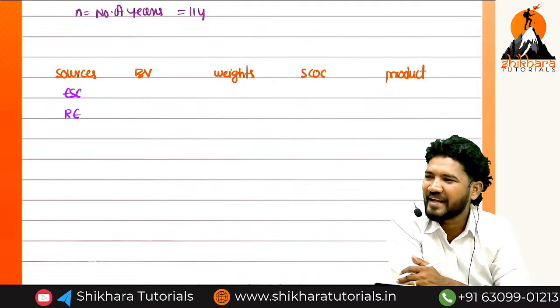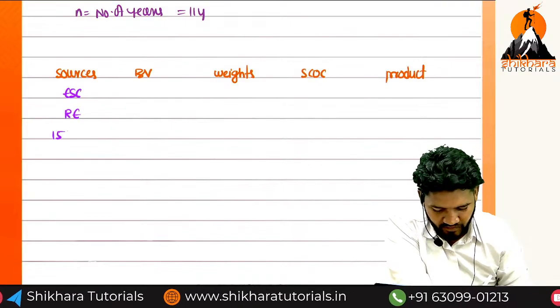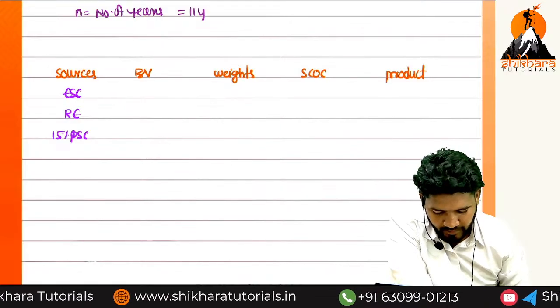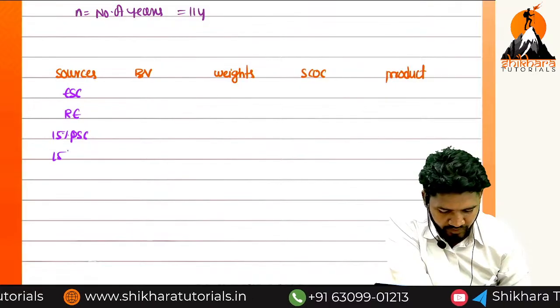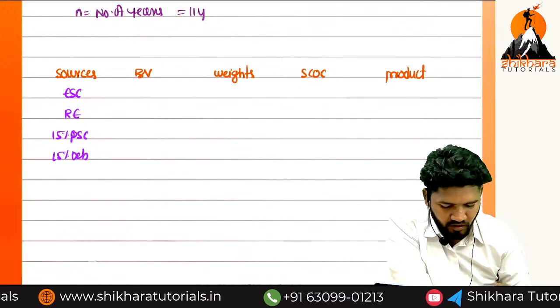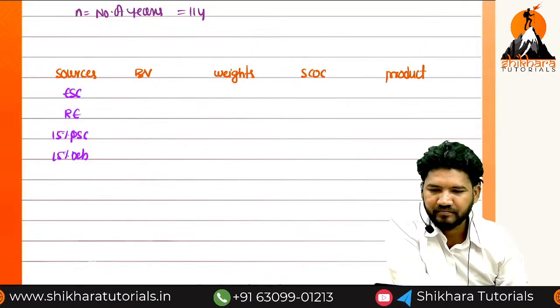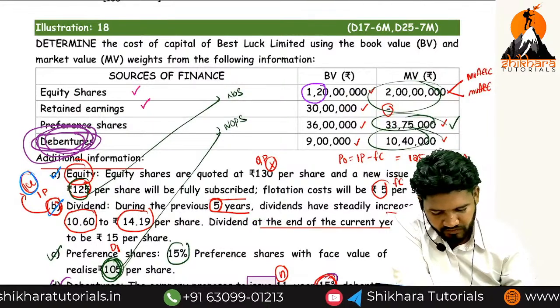How did you calculate KP? 15% only, no? 15% preference share capital. What about the debentures? Again it will also be 15% debentures. Book values, please. Equity share capital, tell me in lakhs. 120 lakhs.